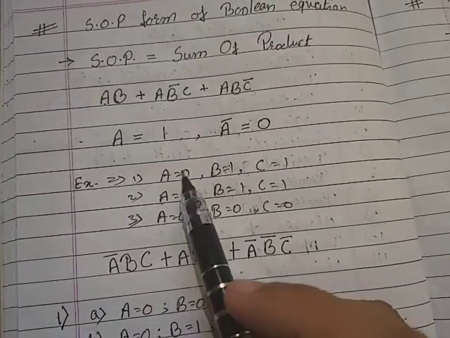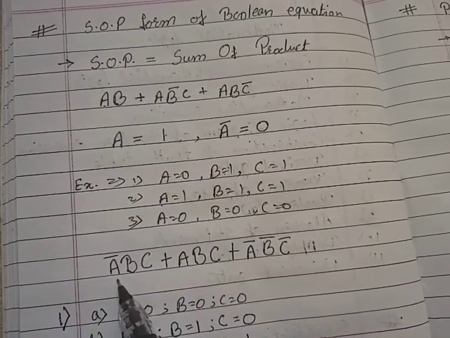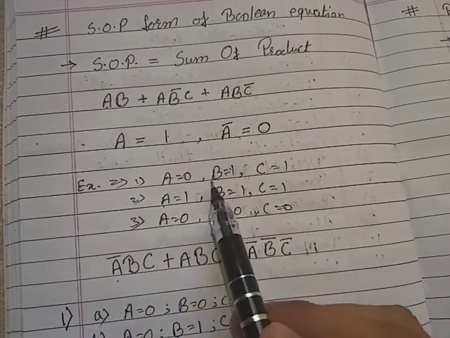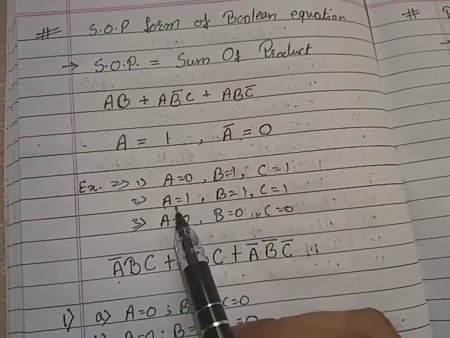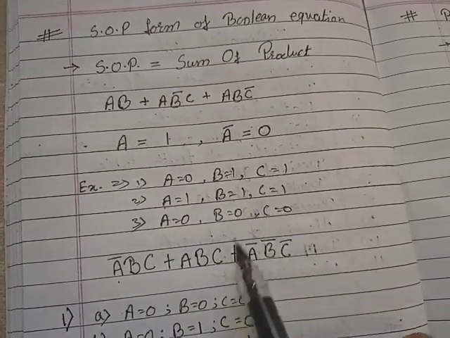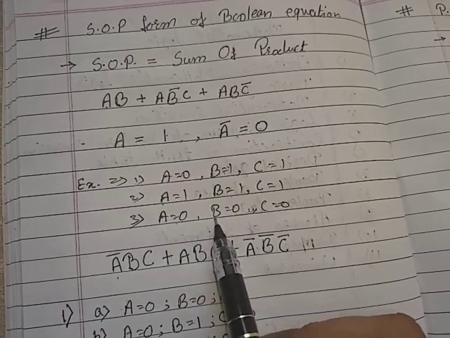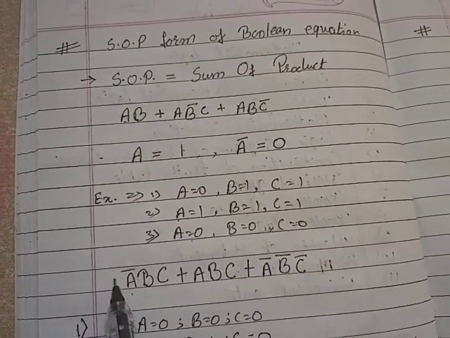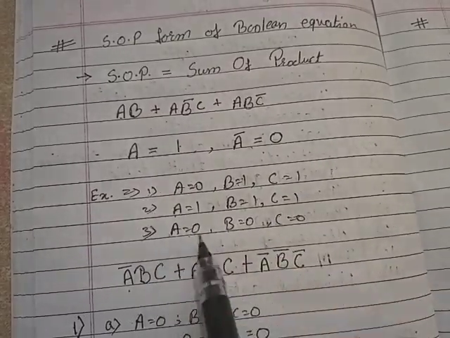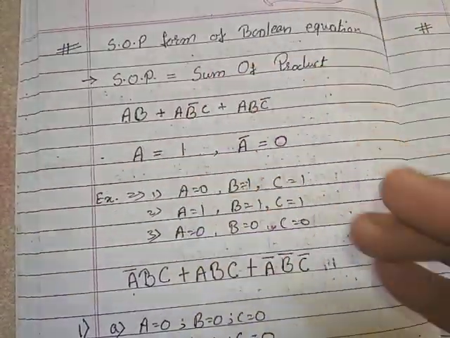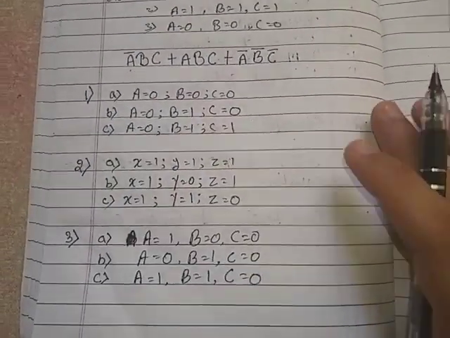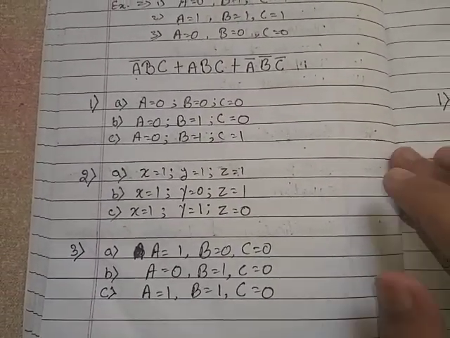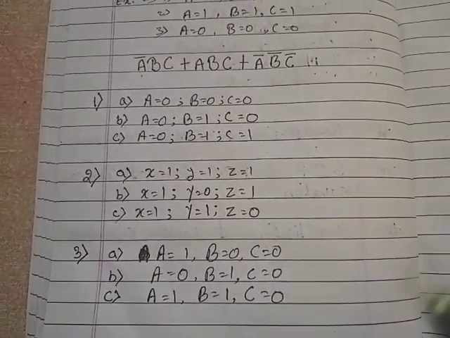So here we go: we have written a bar b c plus a b c plus a bar b bar c bar. In this manner you can convert any given conditions into SOP form. Here are some practice questions to convert conditions into SOP form.